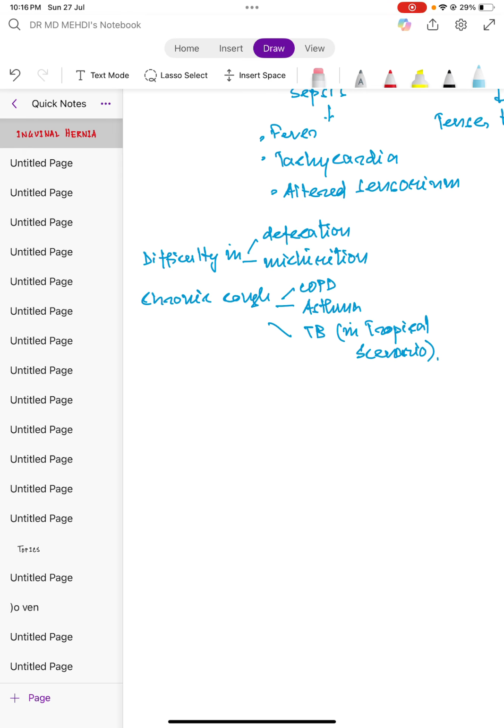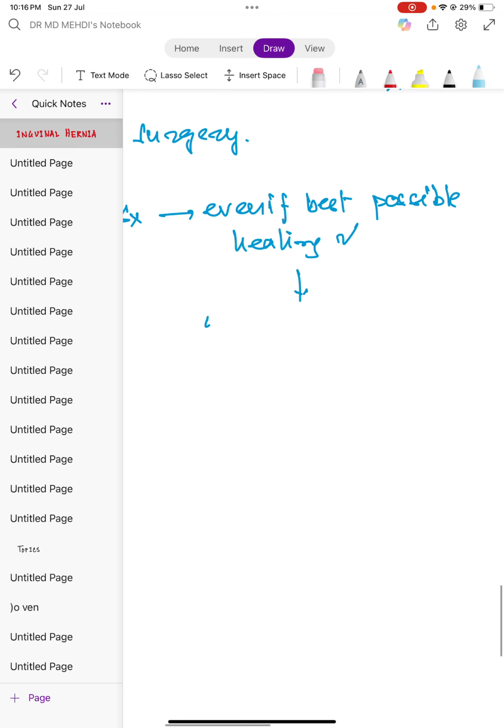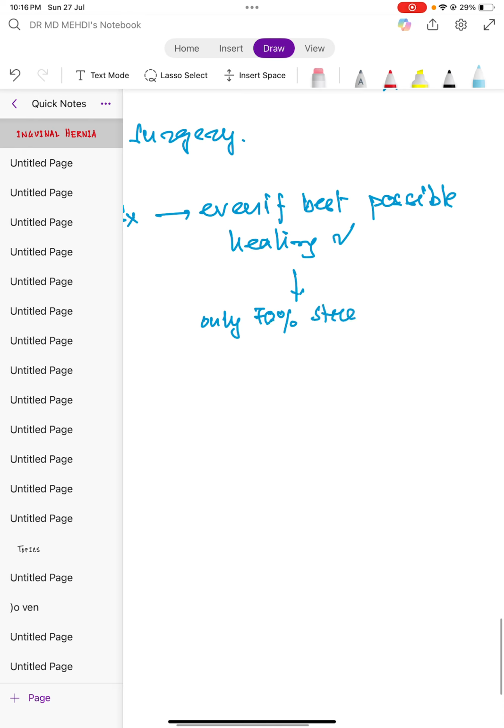Usually another history that was taken was whether any surgery had been done or not. History of past surgery is also important, because once a surgery is done, even if the best possible healing of the wound has occurred, only 70% strength is gained back. Okay.